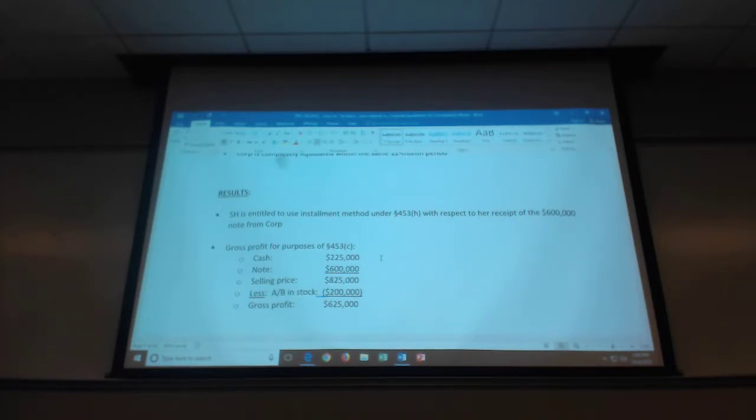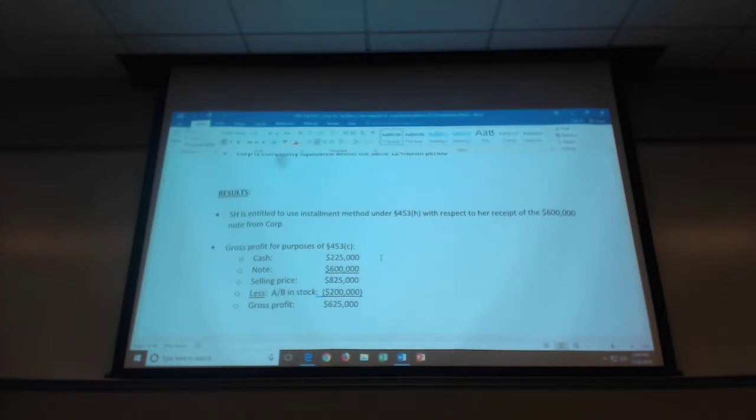But here, where the corporation is actually transferring the $600,000 note to the shareholder, unless 453H applies, the shareholder would have to value that note and pick it up in its amount realized under Section 331A immediately.